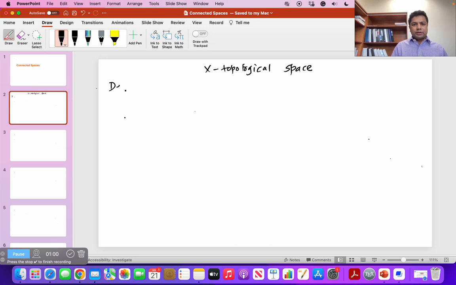So here is the formal definition of a separation of this topological space.